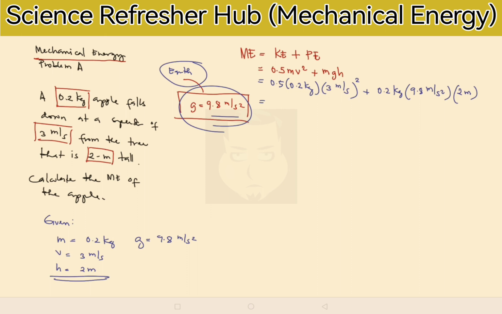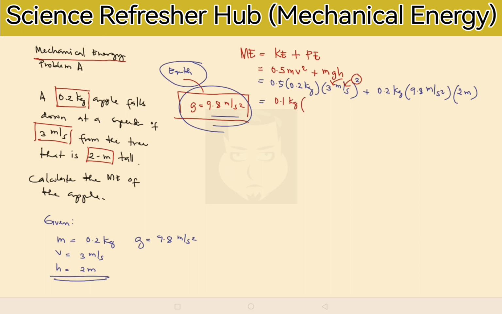We will multiply all these magnitudes under kinetic energy. We will input it using our calculator. 0.5 times 0.2, times, don't forget, we need to square the unit as well as the magnitude of this velocity value. So 0.5 times 0.2 is 0.1 kilogram.